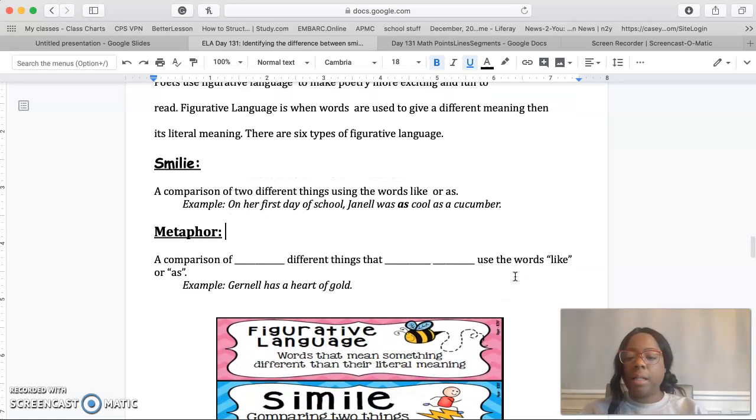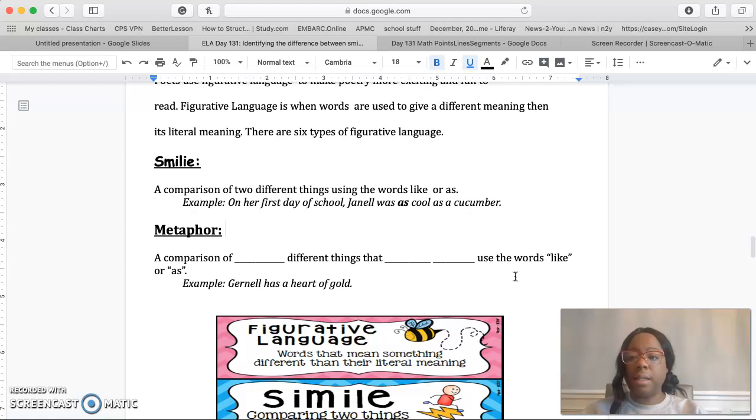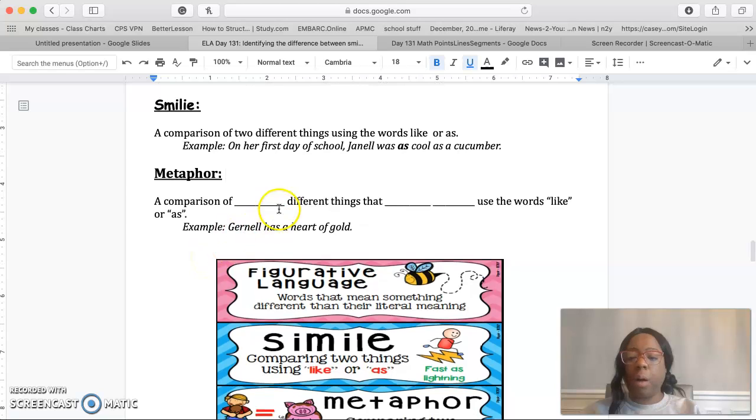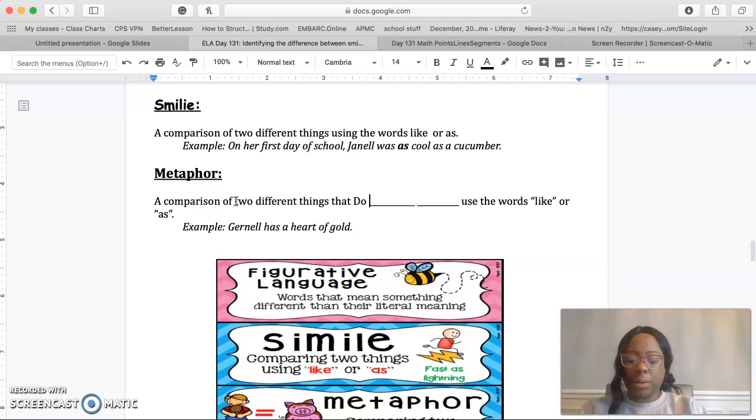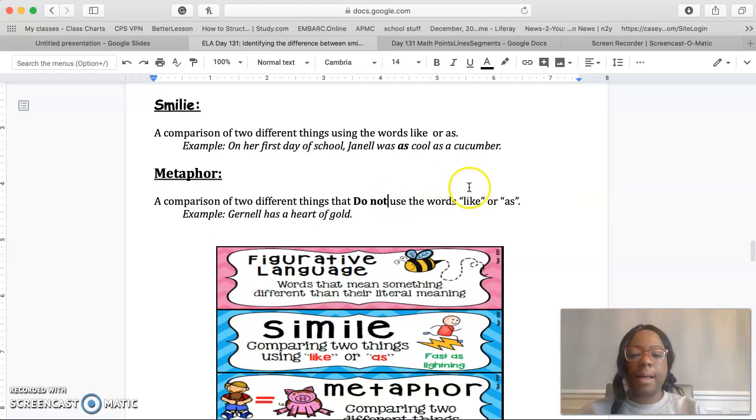Now, our next figurative language device is a metaphor. Now, when we're talking about metaphors, we're also comparing two different things, but we do not, and I'm going to bold that phrase, do not use the words like or as.